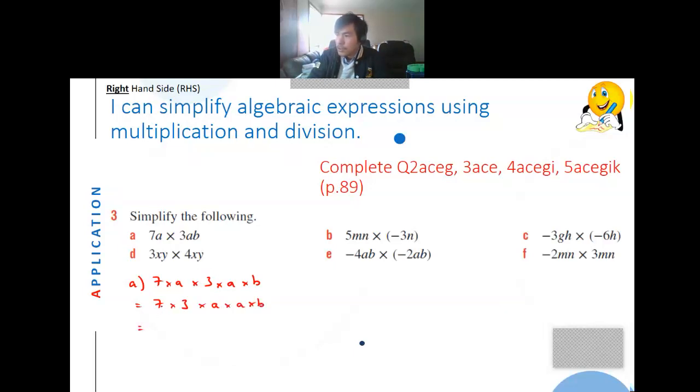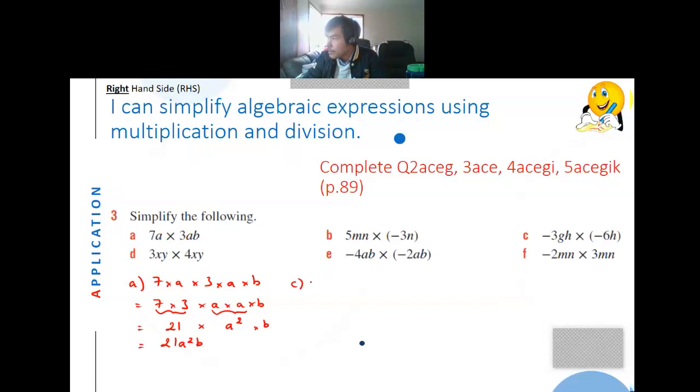Numbers together, 7 times 3, well, that's 21. Now, I also see that we've got a times a. Well, a times a is a squared, and then b by itself. So our answer is going to be 21a squared b.